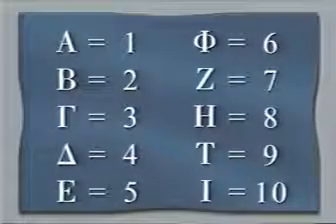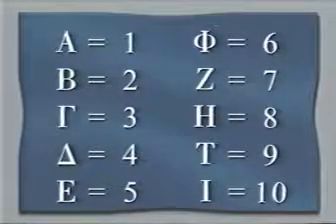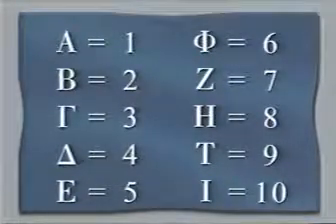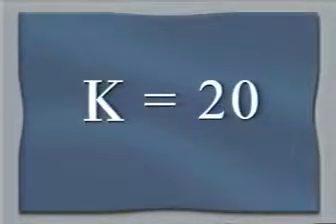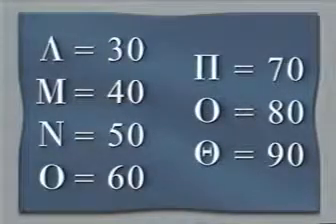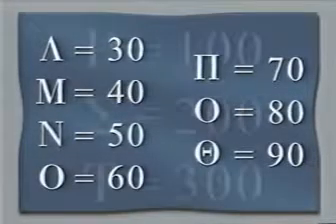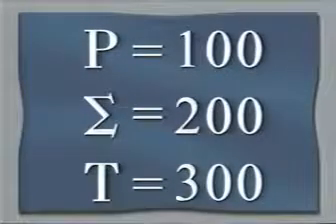Those same letters were used to represent numbers. The first 10 letters were the numerals 1 through 10. The 11th letter in the Greek alphabet, kappa, represented 20. The next 7 letters represented 30, 40, 50, 60, 70, 80, and 90. Rho was 100, sigma 200, tau was 300, etc.